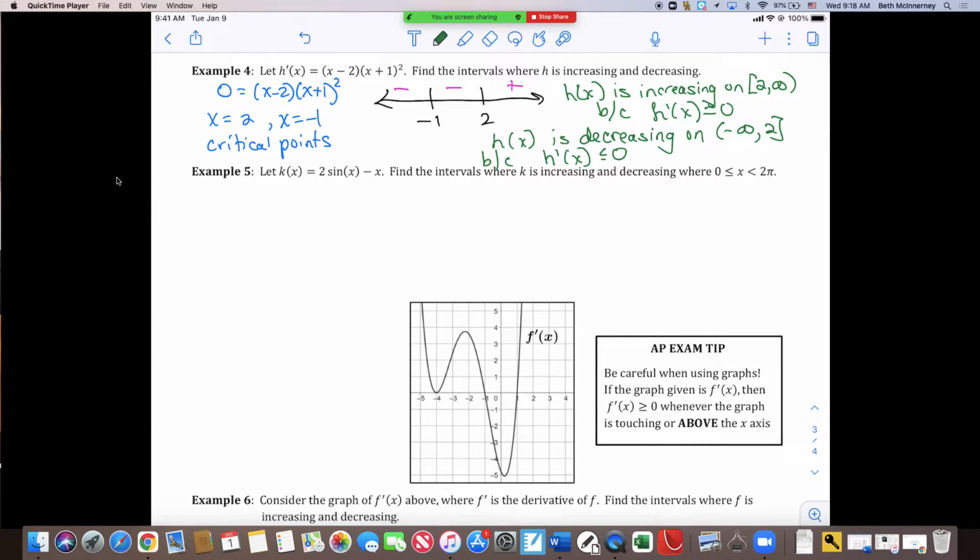You're going to have to remember some unit circle trig here. Please don't use a calculator. Use what you remember.